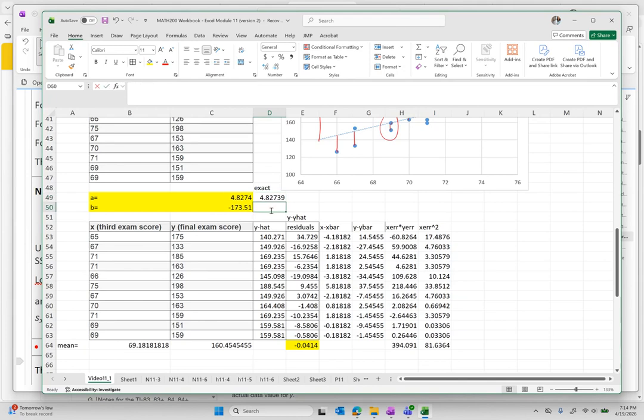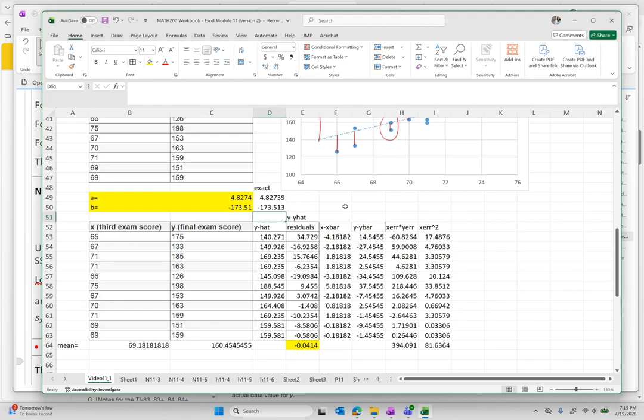For the B, I have to make it equal to the mean of y, which is in this cell, minus A, which is above it, times the mean of x. That's again the formula in our notes. And that actually also comes to be -173.513 and some other digits that I don't see.